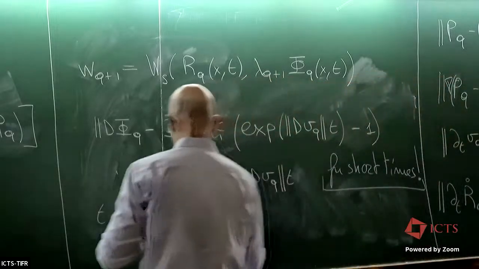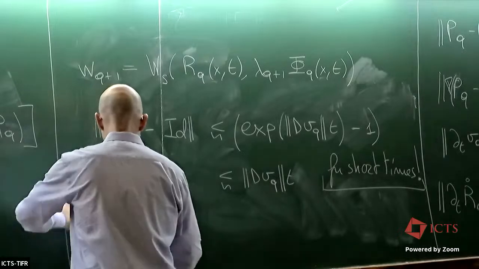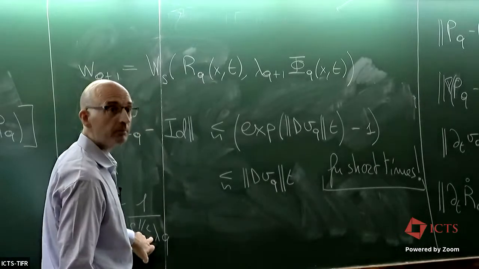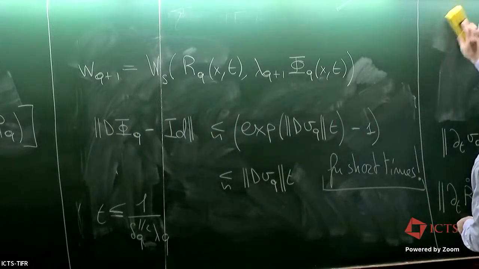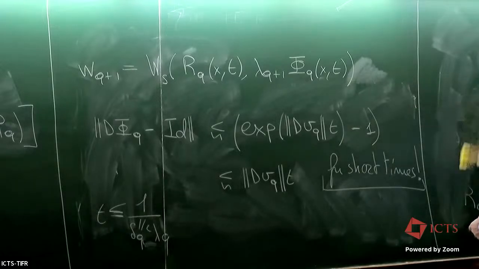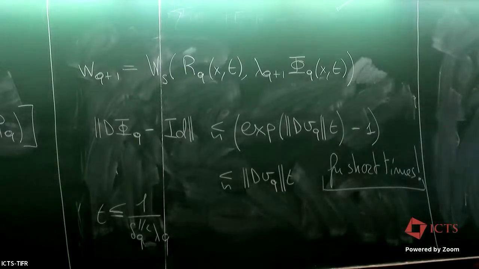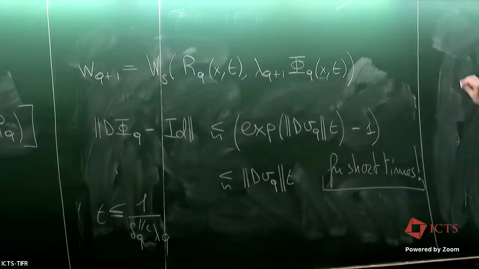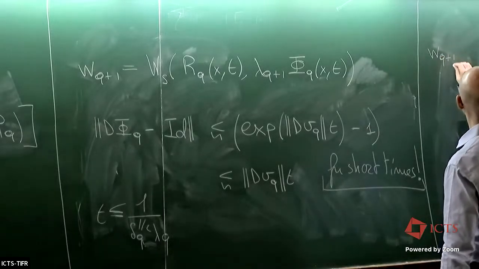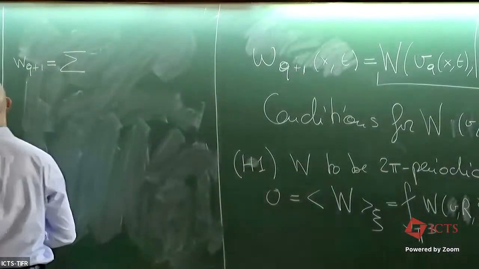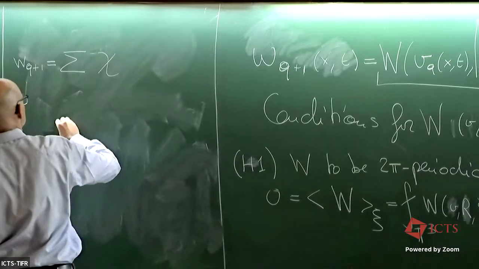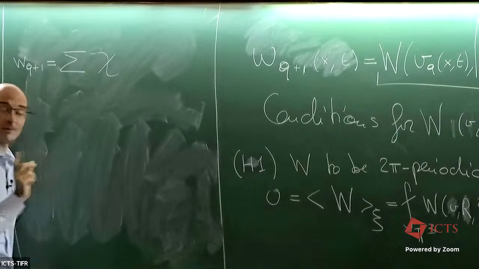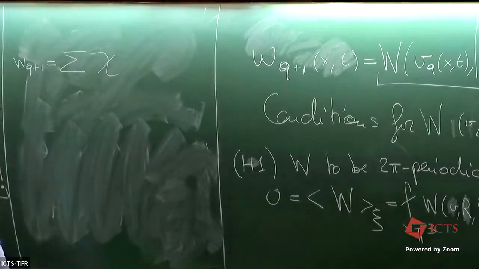So on this range of time, I'm fine, but this is a particularly small range of time. So what I can try to do is construct my perturbation W_{q+1} as a sum. And now here I'm going to have cutoff functions. So there's again a partition of unity, but this time it's only in time.